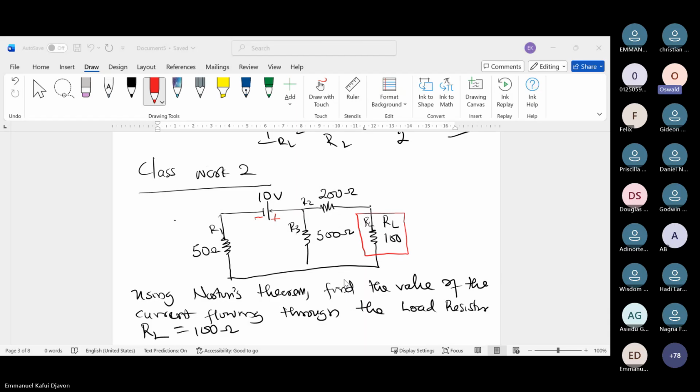That is the one you did. But the theory I'm making now is when we take off the load resistance, R2 will become void. Current will not flow there. There will be no work done over there. So we are going to solve R1 and R3 in series. Then after that, we solve it in parallel with the 200 ohms.